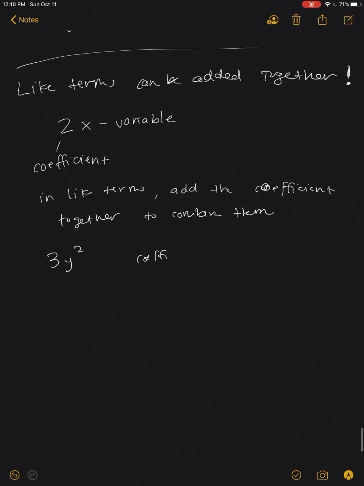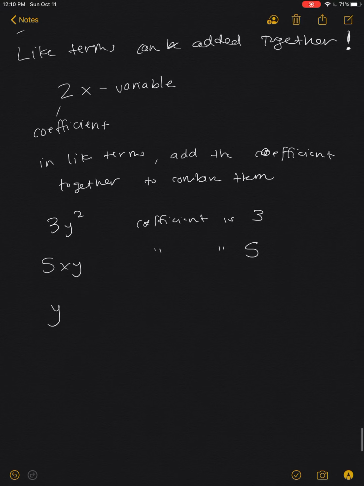So if we have 3y squared, right, the coefficient is 3. 5xy, the coefficient is 5. Y, the coefficient is, this is that identity property that I was talking about. Because if you remember, y is equal to 1 times y, right? That's the identity property. That means its coefficient, the number in front of it, is 1.